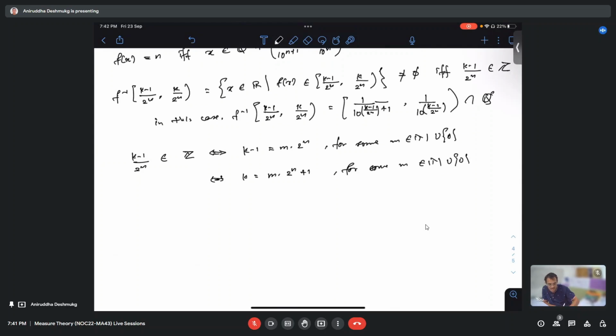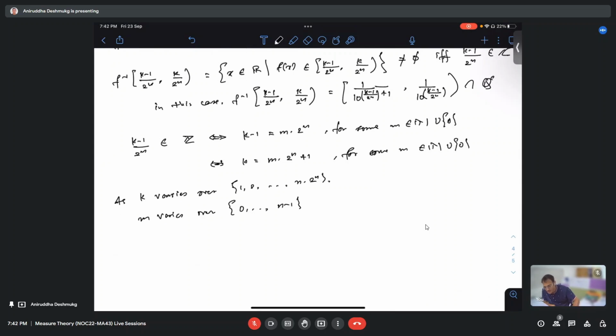Now it is easy to see that as k varies over 1 up to n into 2 to the power n, for what values can m vary? Not a lot of values, right? m can only vary over 0 to n minus 1, because at n, k becomes bigger than n into 2 to the power n. So only these values of m are possible.